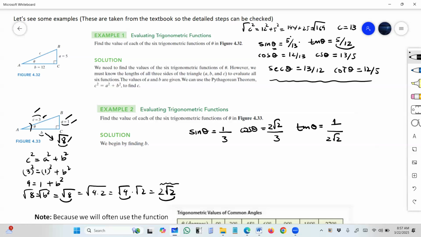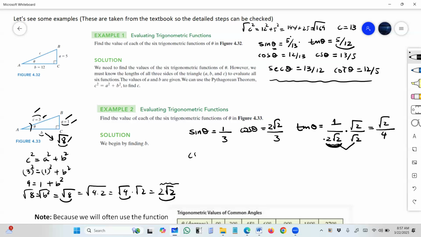Now, in this particular case, we cannot leave a radical in the denominator, so you multiply by radical 2 over radical 2. So in the numerator, I have radical 2, over radical 2 times radical 2 is 2, times the 2 is 4. So we can't leave the denominator in irrational format. So you have to rationalize.